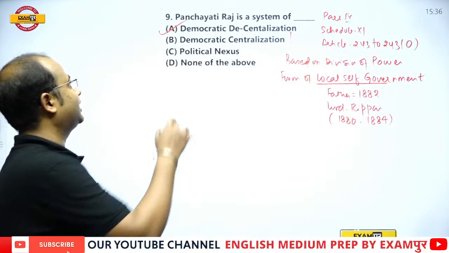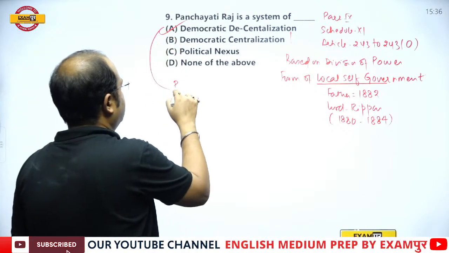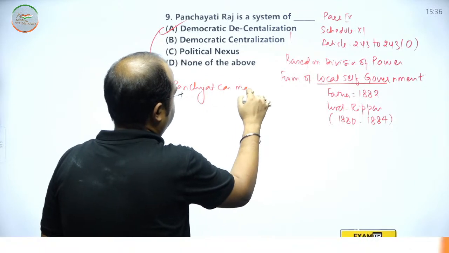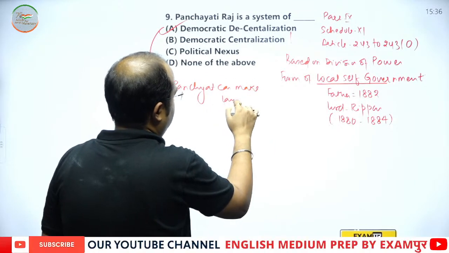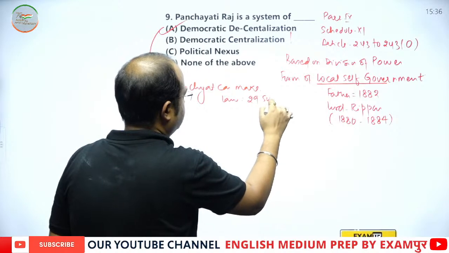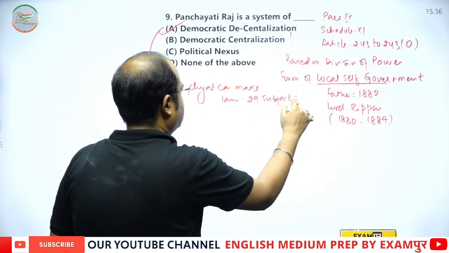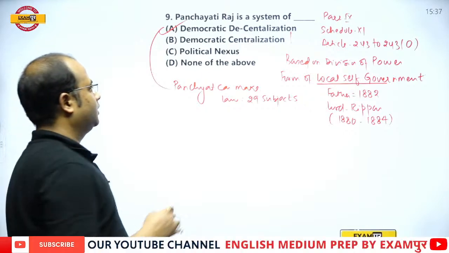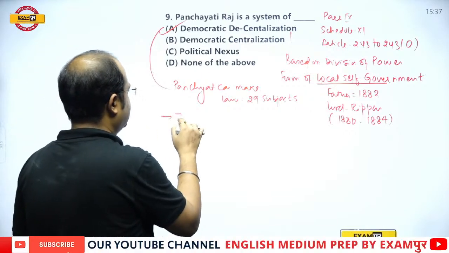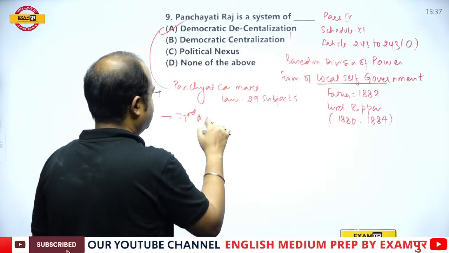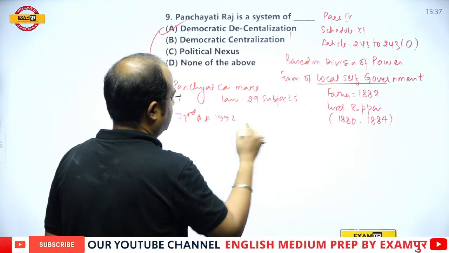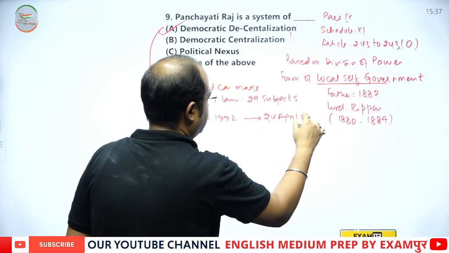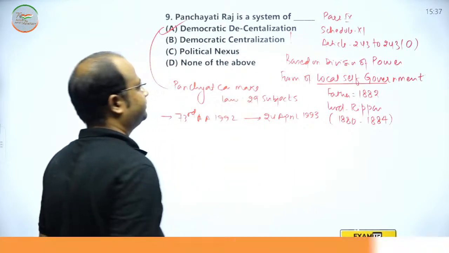And a panchayat can make laws on 29 subjects. It was given constitutional status through the 73rd Amendment Act 1992, which was applicable from 24th April 1993.